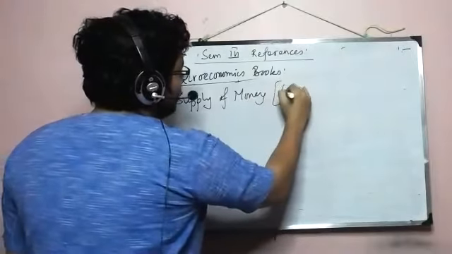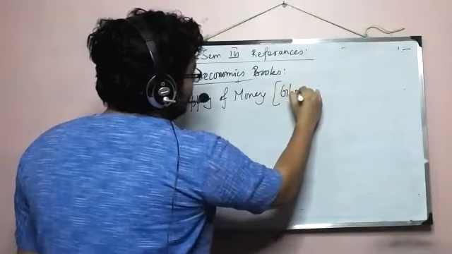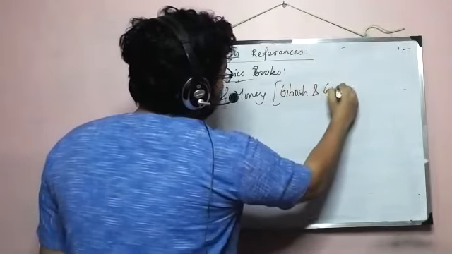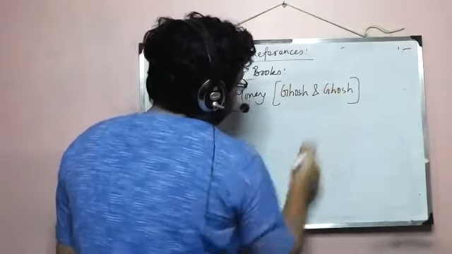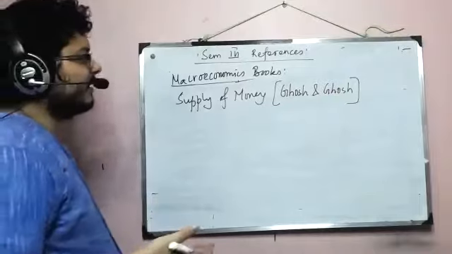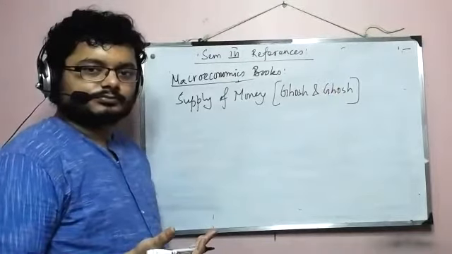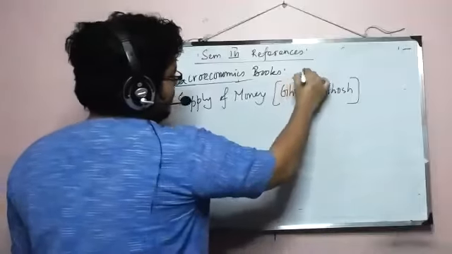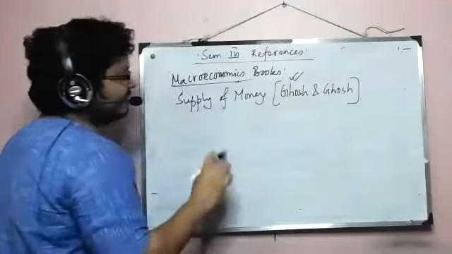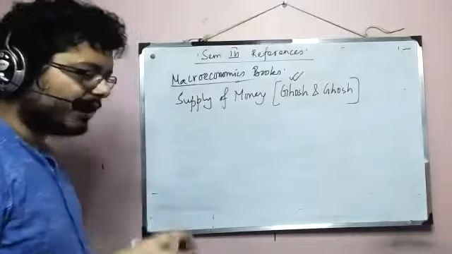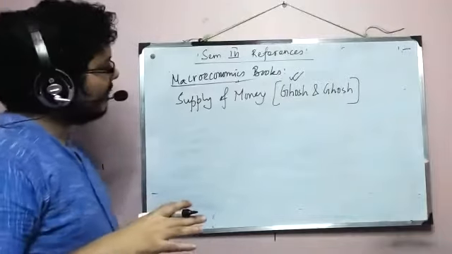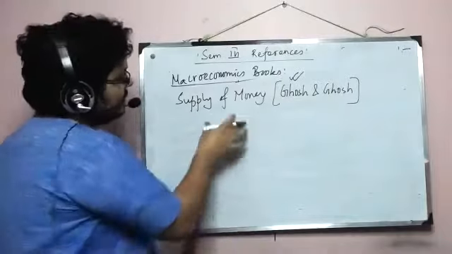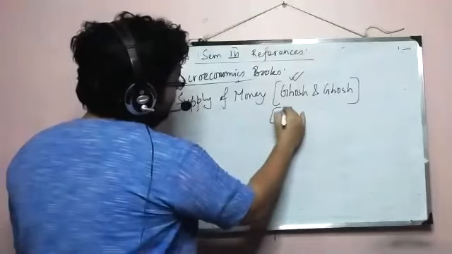The best reference for this is Ghosh and Ghosh. Okay, if you don't have it, I'll just photocopy the relevant chapters and send you. Okay, and we'll use Ghosh and Ghosh in some other cases also. It has some slightly difficult but quite good expositions of all that. And as I said, for supply of money, you can also study Freund.